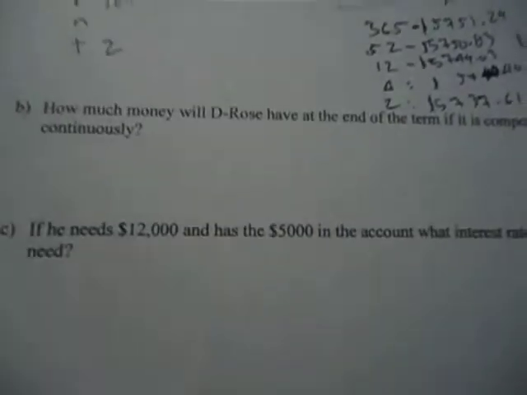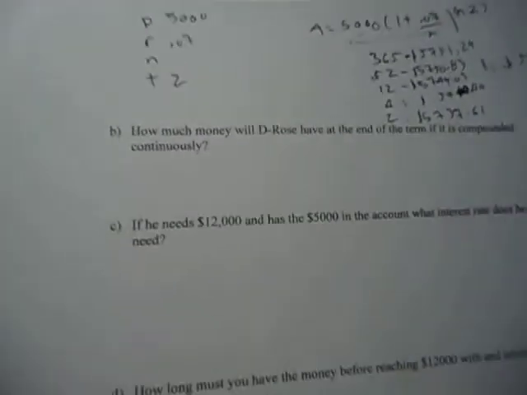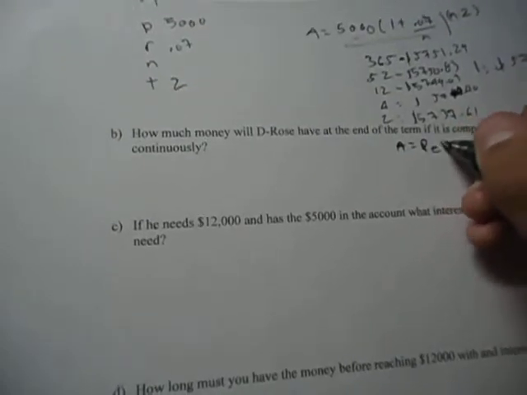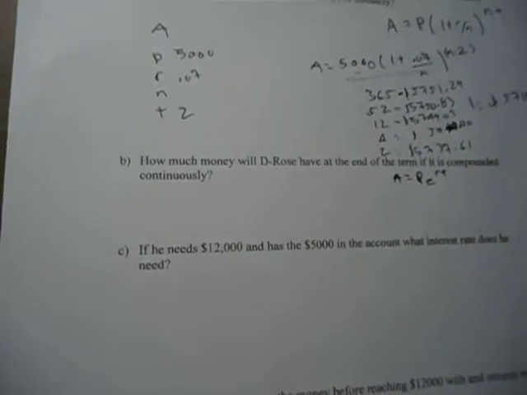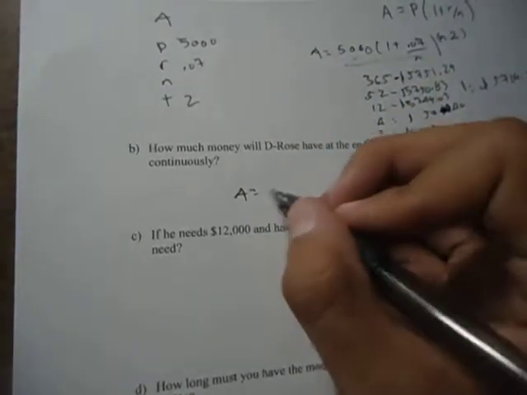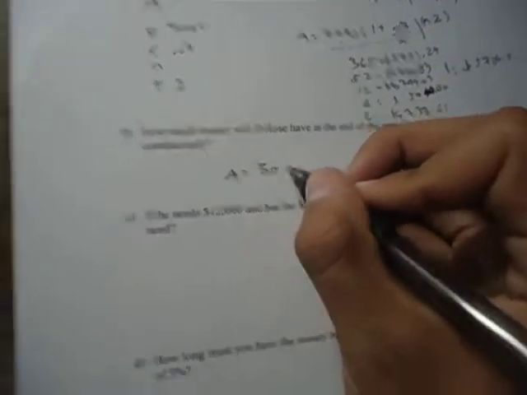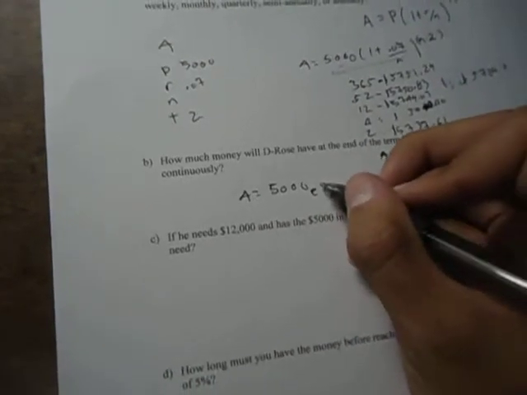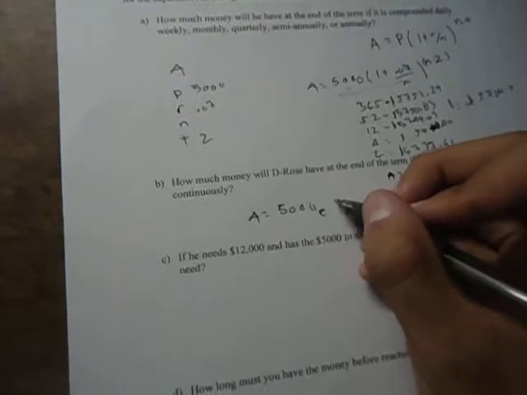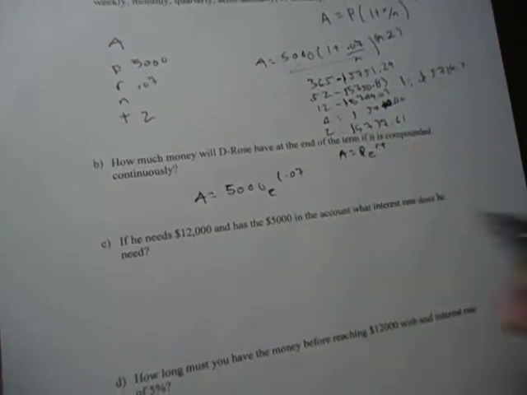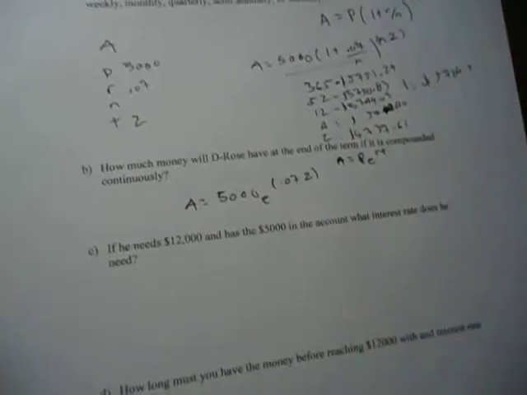If it is compounded continuously, we use the equation A equals Pe^(rt), P-E to the r-t. Our P remains the same as the previous question, so it's 5,000 times e to the 0.07, which is our rate, times our time, which is 2.